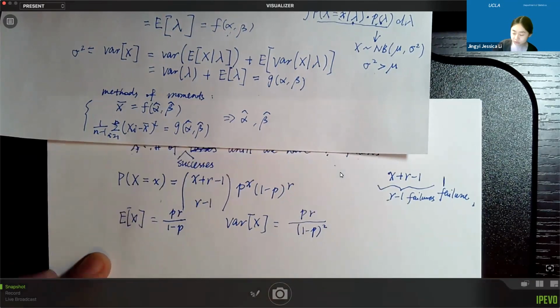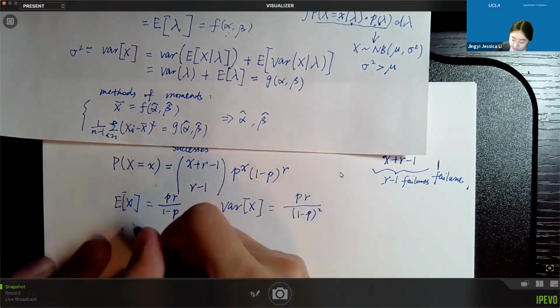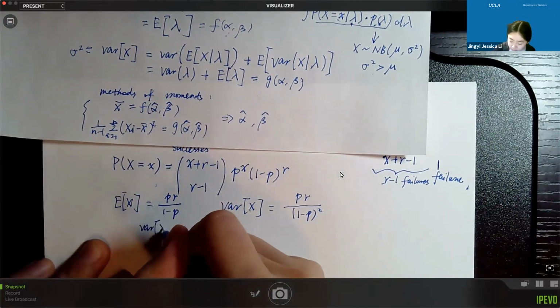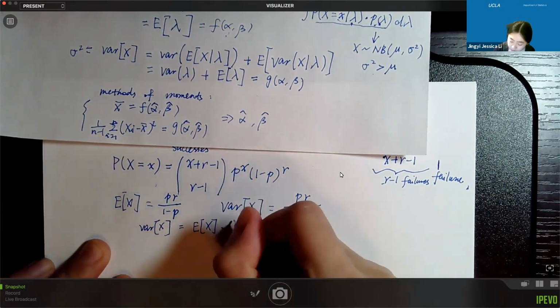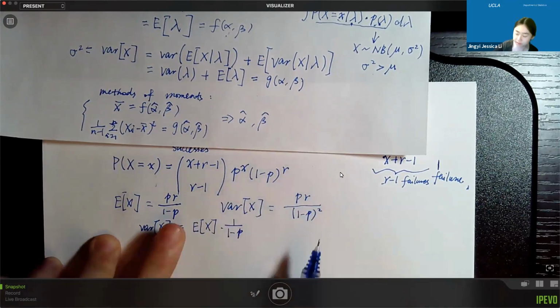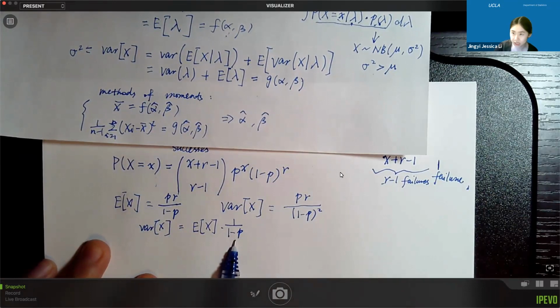So given those two results, we can also see a clear relationship: the variance is equal to the mean times 1 over 1 minus P, by comparing their two formulas. And since P is between 0 and 1, as long as P is not equal to 1, we will not have a dividing by 0 issue, and this ratio is actually greater than 1.